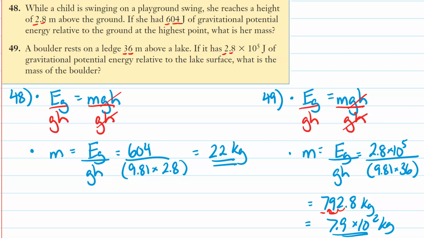Now, if you're having problems plugging in the numbers in your calculator to get the same number as me, first of all, remember to put brackets around the bottom line. But also on the top line, if you're dealing with scientific notation, on your calculator, best practice is not to write this. Don't write that number as 2.8 times 10 to the 5 that way. Use that E or EXP button in your calculator.